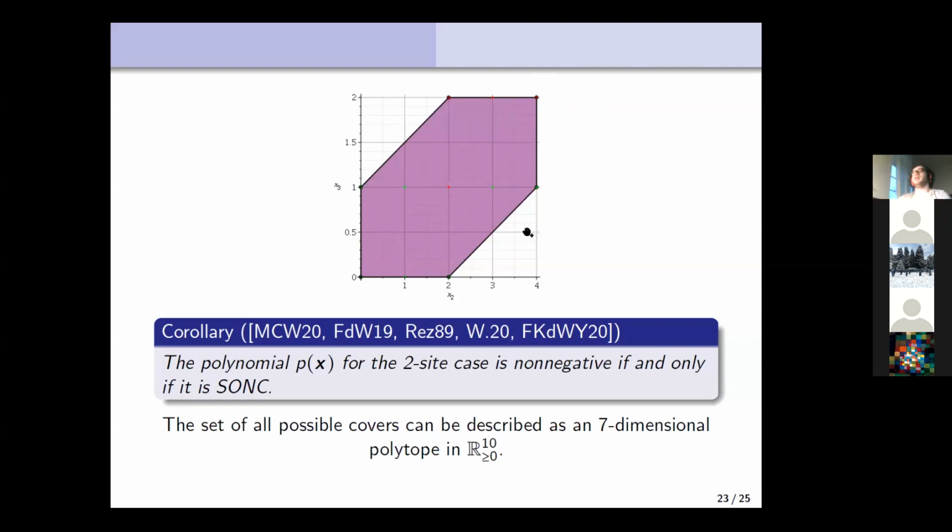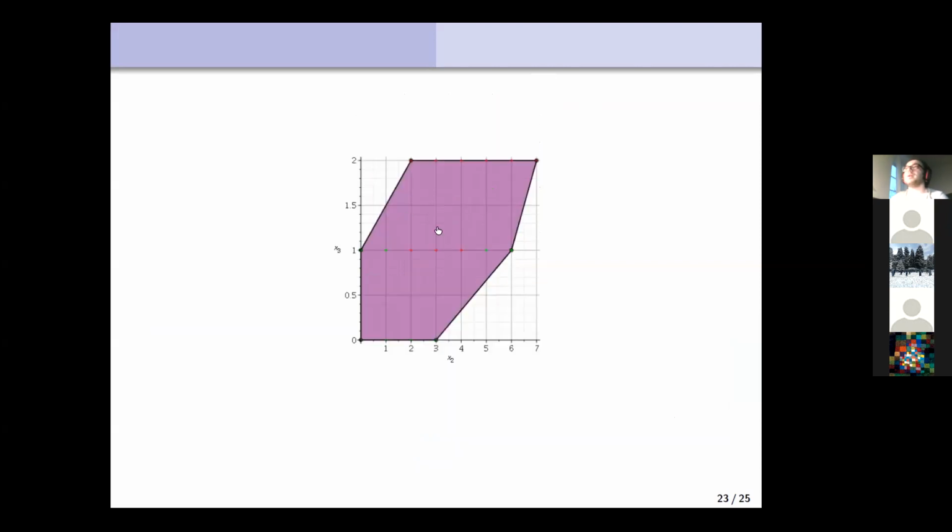So now the story is what to do for higher dimensions, so higher sites. Once you go into the 3-site case, the polytope that you get is combinatorially equivalent, but the hexagonal faces start to change a little bit. Now you have 3 red points in here, and you need to cover these 3 red points.